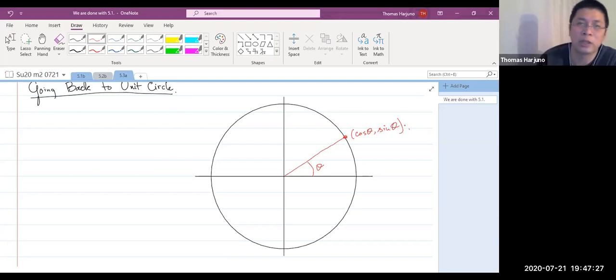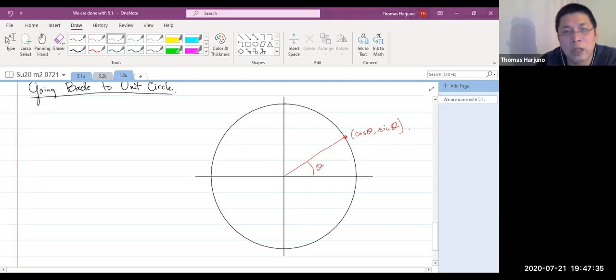Now, with that said, what happens at this point? What is the coordinate here on the unit circle? The coordinate here is 0, 1. This coordinate corresponds to theta 90 degrees, so using the idea we have earlier, this is actually cosine 90 degrees, comma, sine 90 degrees.